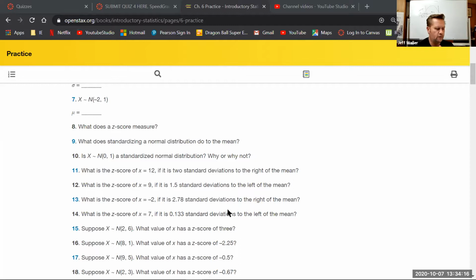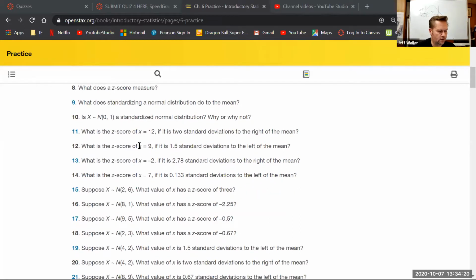So coming back to this question, number 12: what is the z-score of x equals 9 if it is 1.5 standard deviations to the left of the mean? And what's a z-score tell you again?